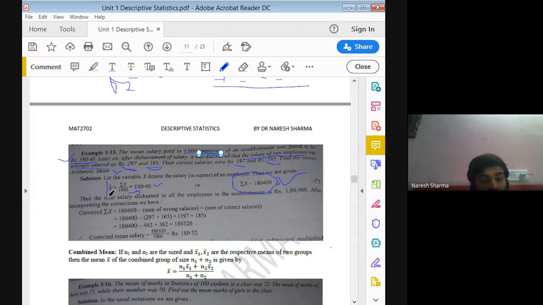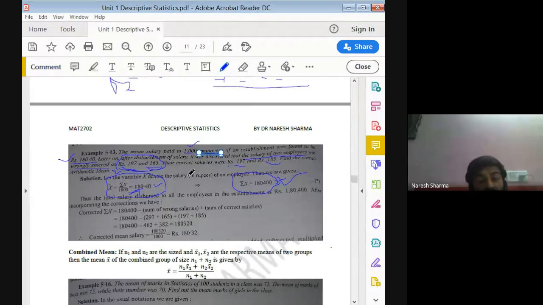By this formula, X bar, summation divided by 1000, is equal to 180.40. So we can calculate the sum just by multiplying the mean into the number, that is 1000. So we get the total sum as 1,80,400. Keep in mind, this sum is for 1000 employees, the total salary of 1000 employees. We have two wrong entries here.